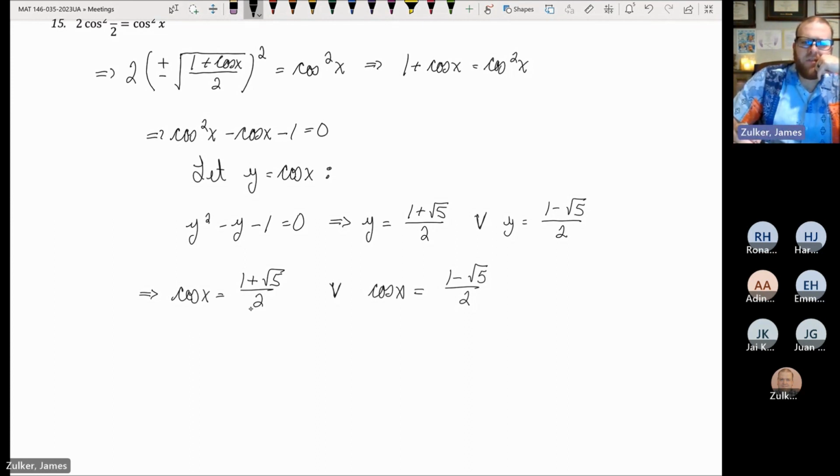Isn't 1 plus root 5 over 2 larger than 1? So that first equation is a contradiction. It says cosine is larger than 1, which is impossible. What about 1 minus root 5 over 2? Is that between negative 1 and positive 1?